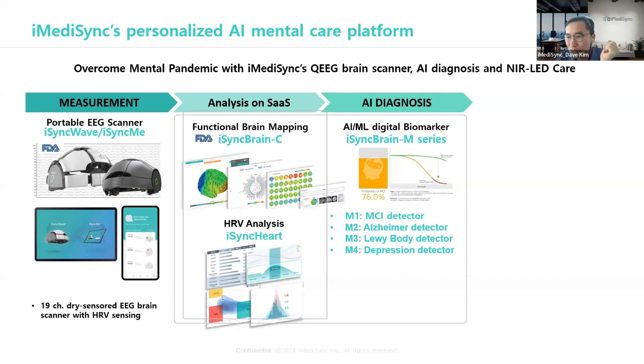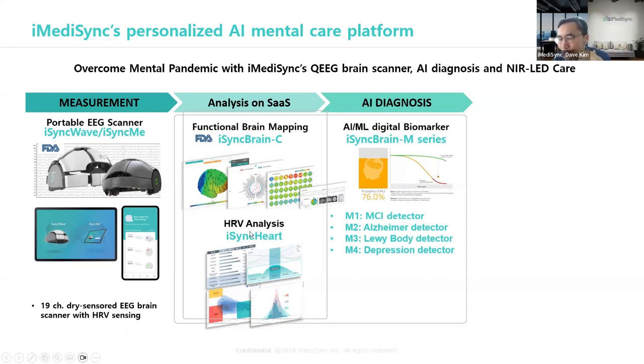In the center of the forehead, we can record PPG and we can calculate HRV. And using that recording system, we can analyze the brain QEEG, quantitative EEG, using iSyncBrain, the FDA-approved software medical device.